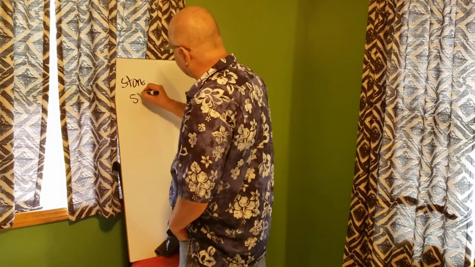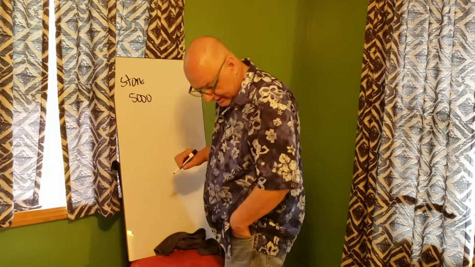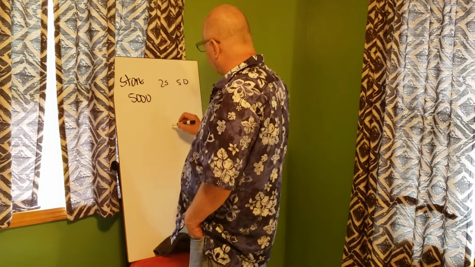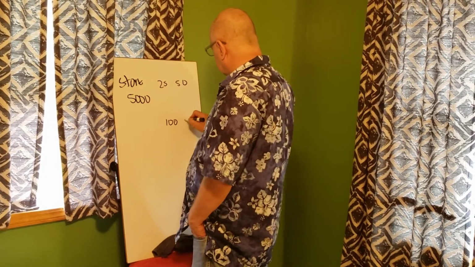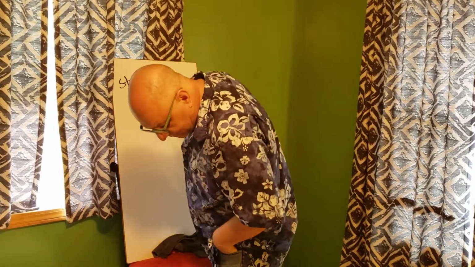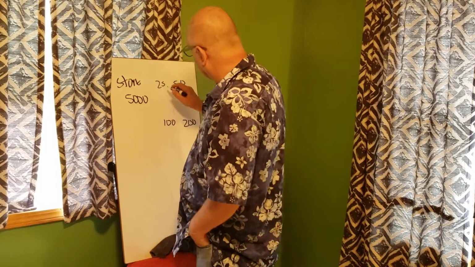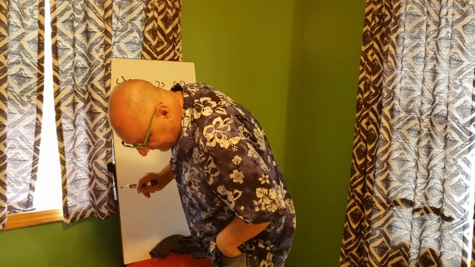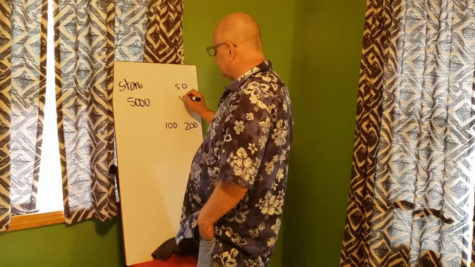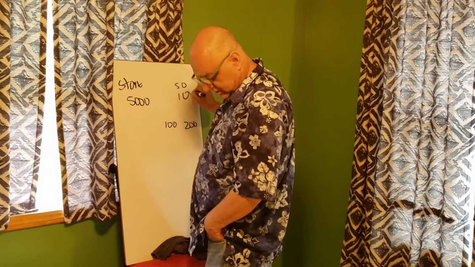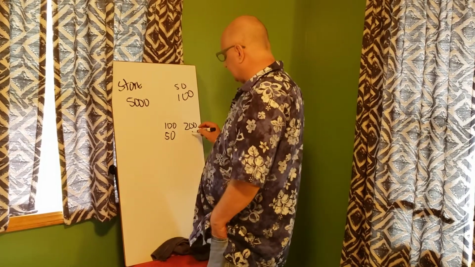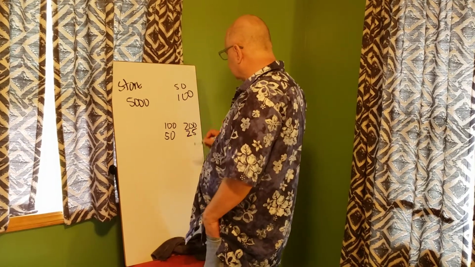So my store rent is $5,000, and if I produce 50, 100, 200, this 5,000 divided by 50 is $100. Divided by 100 is $50. And divided by 200 is $25.